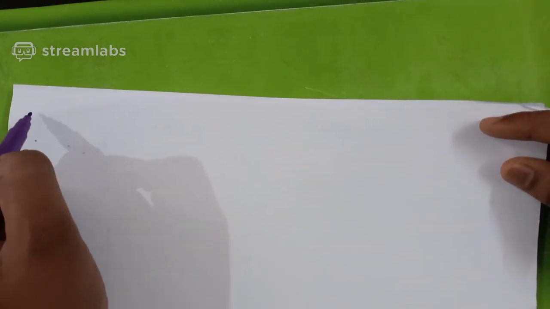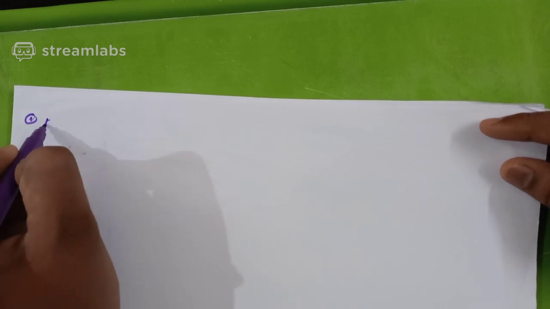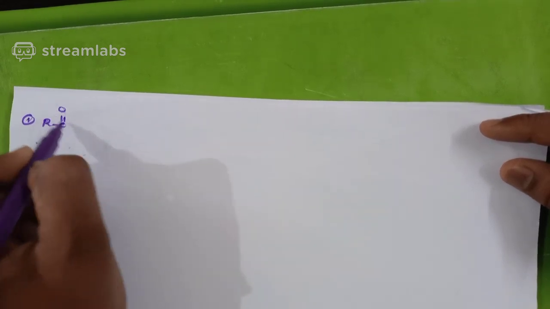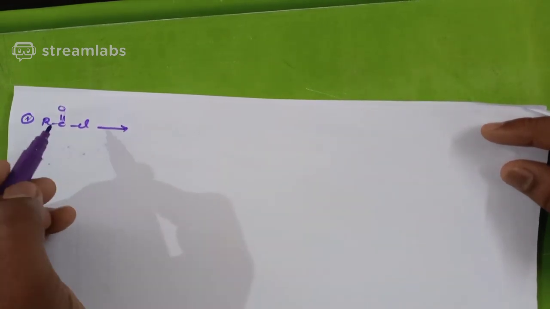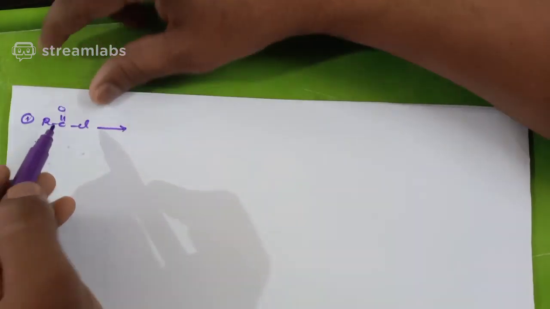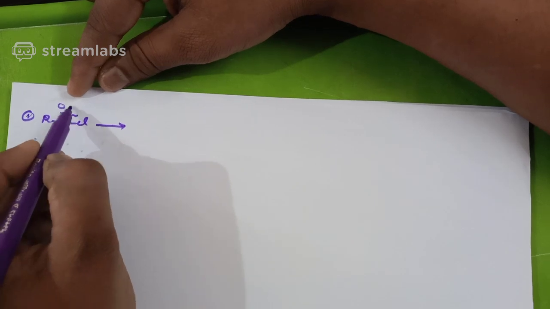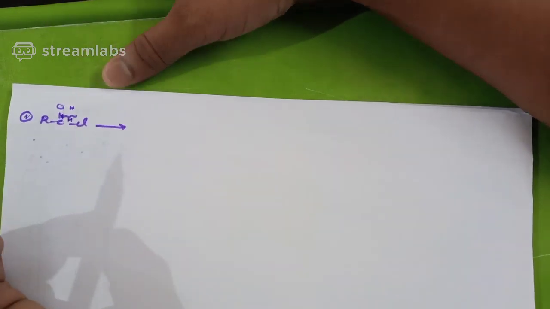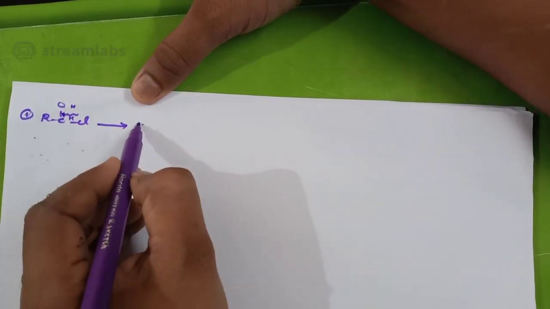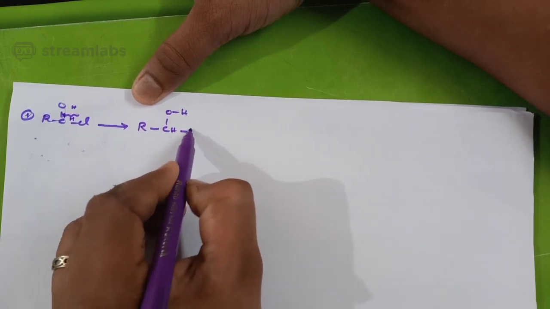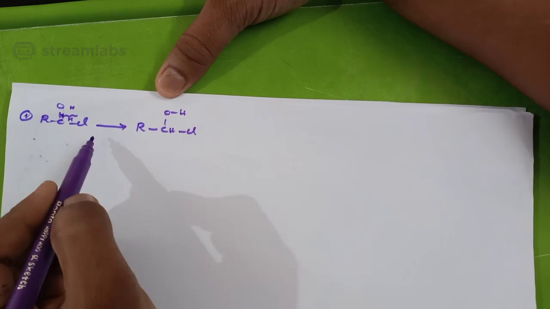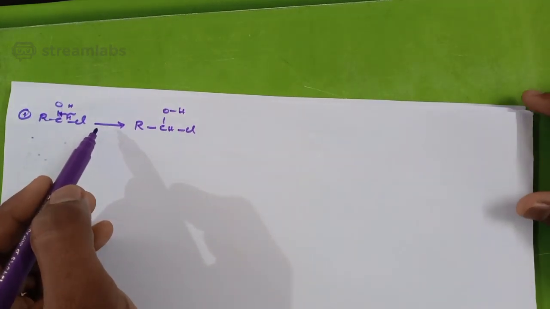See, the first reaction I'm taking is acid halides, RCOCl. If an acid halide is involved in reduction, the reduction is nothing but, we know, cleavage of this double bond and keeping hydrogens on both sides, and what will we get as the answer? R, C, O H, here H and Cl, right? So this is simple reduction. By using any reducing agents we can take.